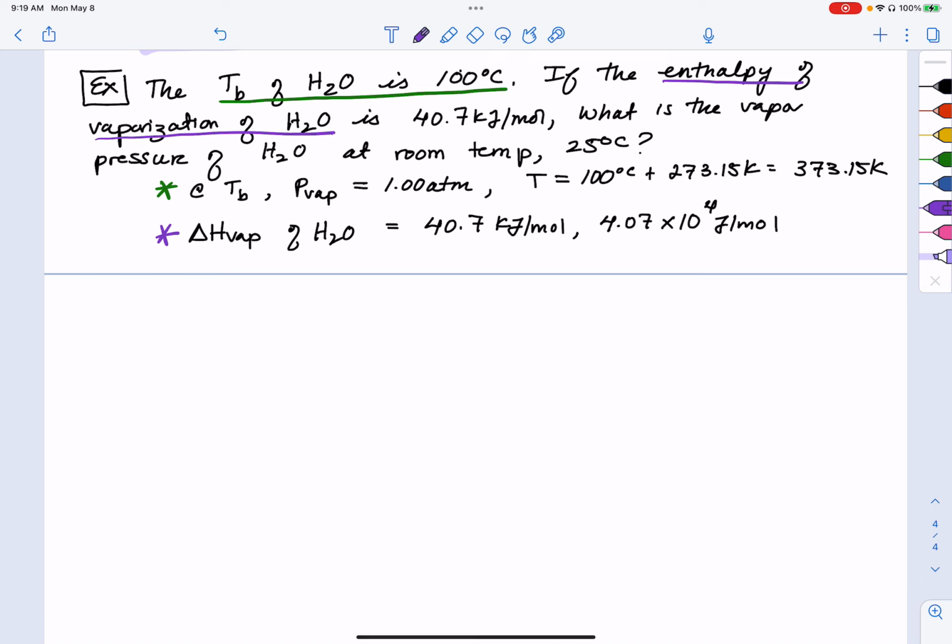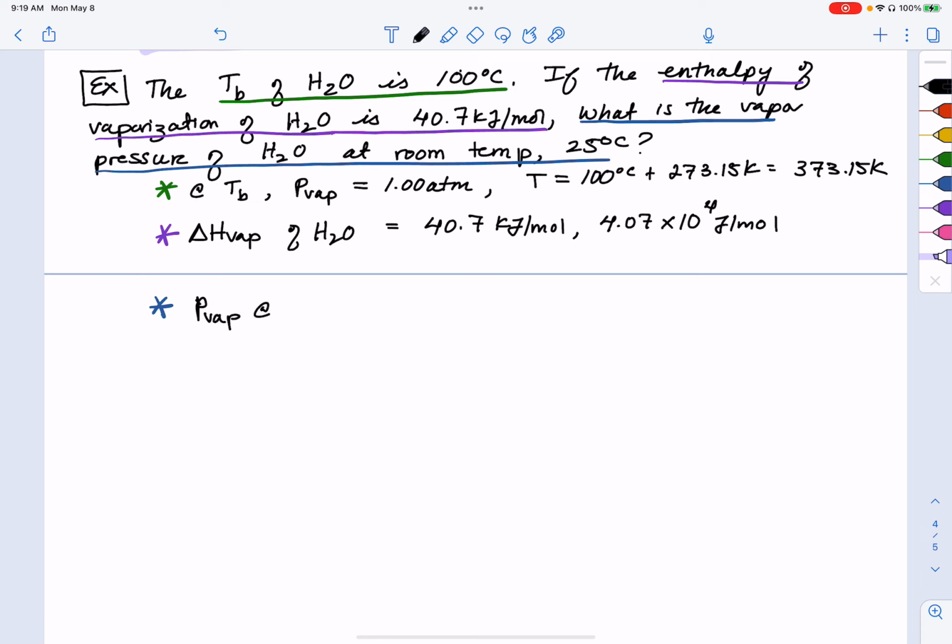All right. So again, we're just pulling information out of the problem. Now we have, what is the vapor pressure of water at room temp? So we know that we're looking for the vapor pressure of water at 25 degrees C. Or let's call this our new temperature T2, which is 273.15 plus 25.